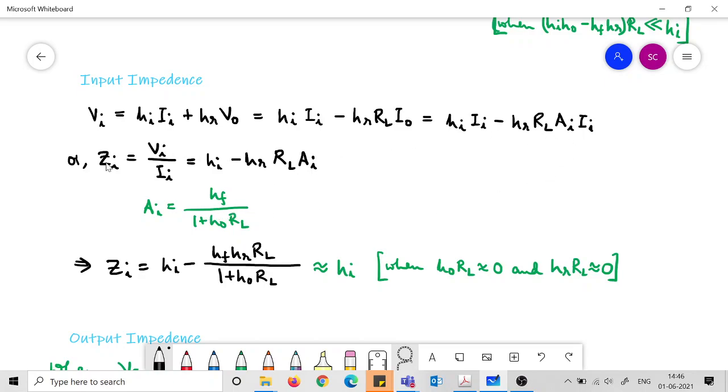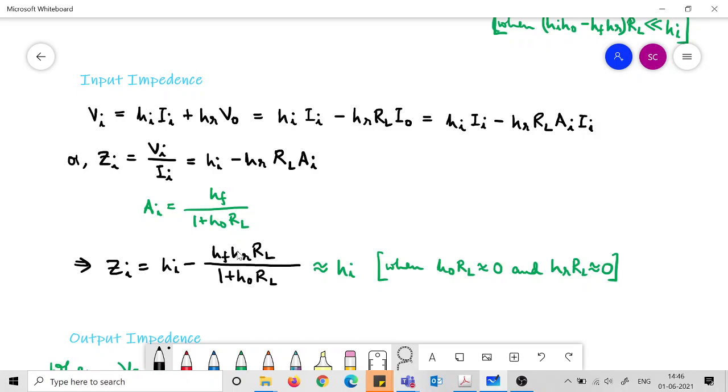We are using the AI here, not the entire form, just AI. Now ZI is nothing but VI by II. So it is HI minus HR RL AI, and AI is this thing which you already have calculated. So if you put this thing here, this is ZI, and often you can neglect this because HR and H0 are very small.